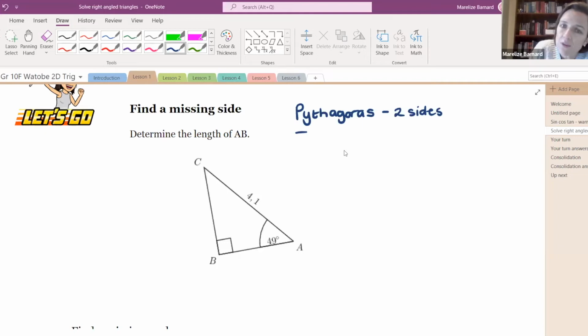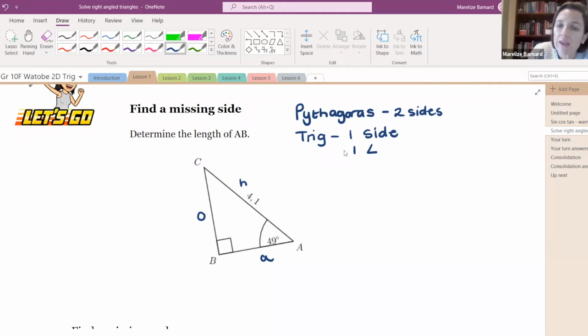But in trigonometry, you can work out a side and an angle if you just have one side and one angle. You don't need 2 sides. Okay, so we're going to go for cos. So if we're looking at our 49, let's place our sides. So this is going to be the opposite. This is the adjacent. This is the hypotenuse. We are using cos because we have the hypotenuse side.